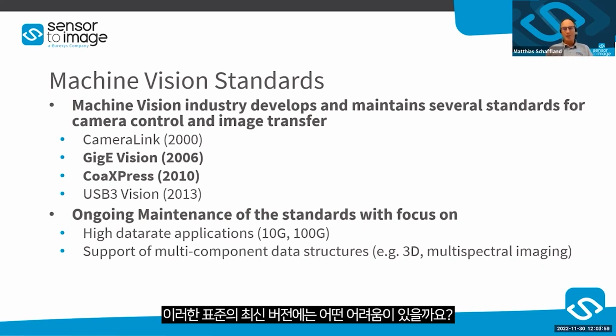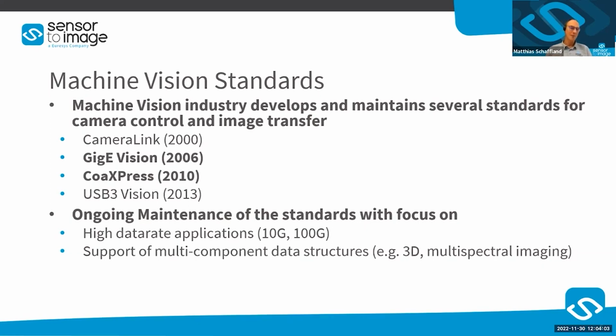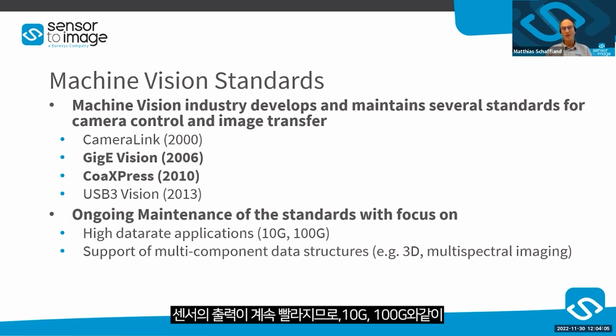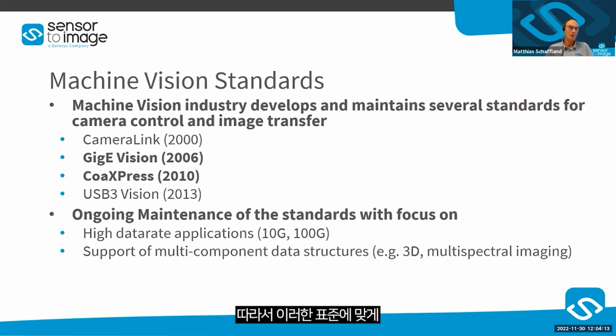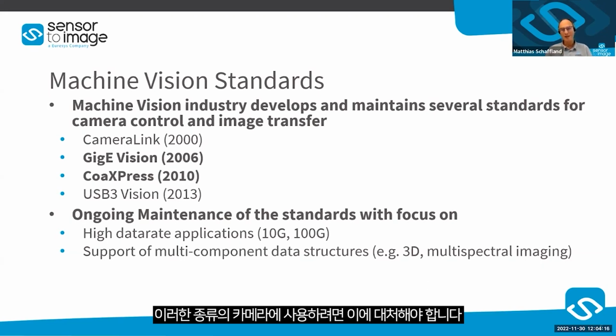What challenges do we have with newer versions of these standards? There is a great demand for high data rate applications, so 10G or even 100G. Sensors get faster and faster, so these standards, if they want to be used for this kind of cameras, have to cope with that.